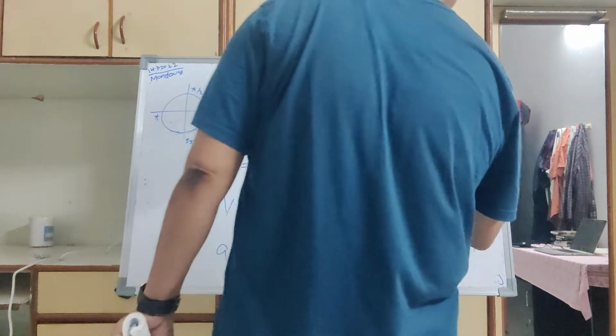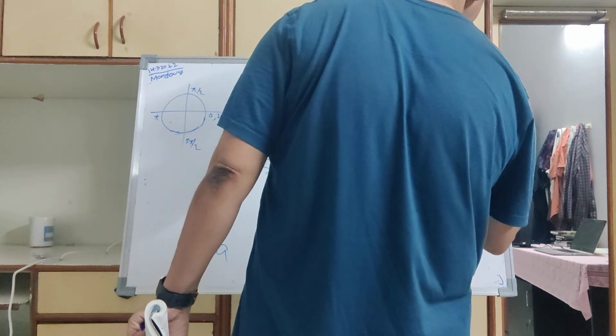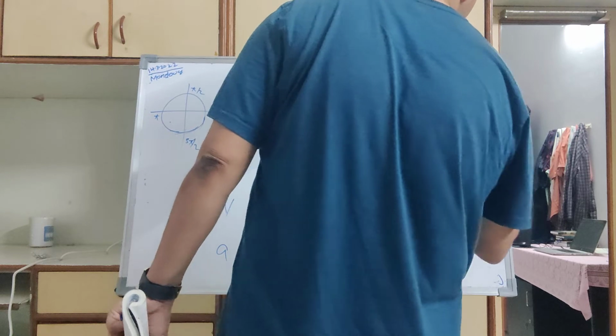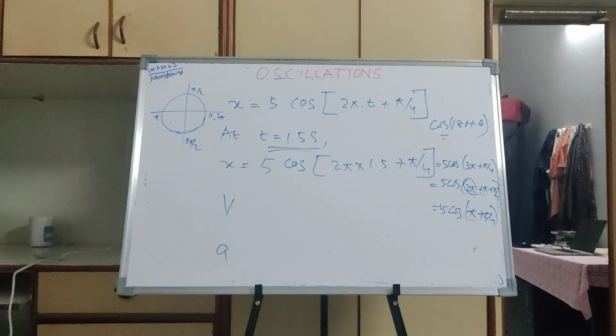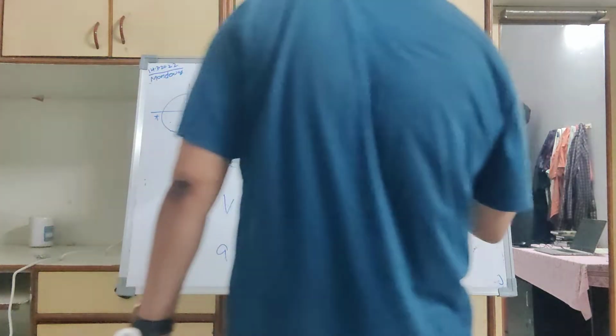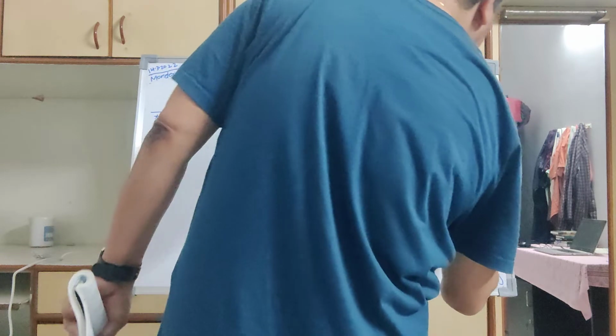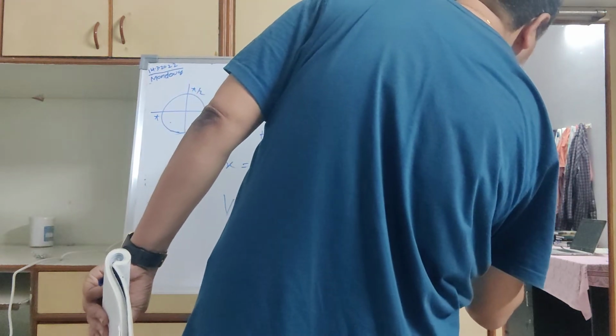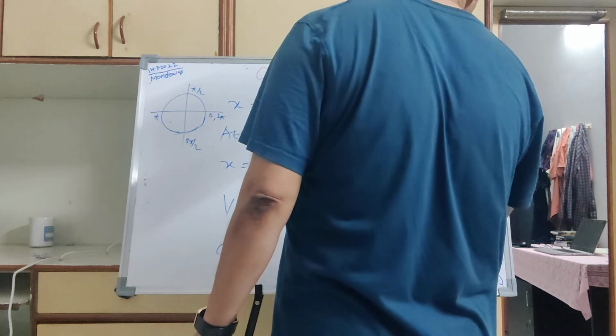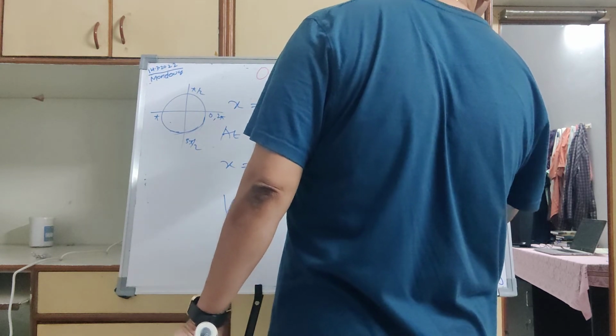So you know cos of 180 plus theta. What is the value? Positive cos theta. So it will become 5 cos pi by 4. Cos pi by 4 is nothing but 1 by root 2.